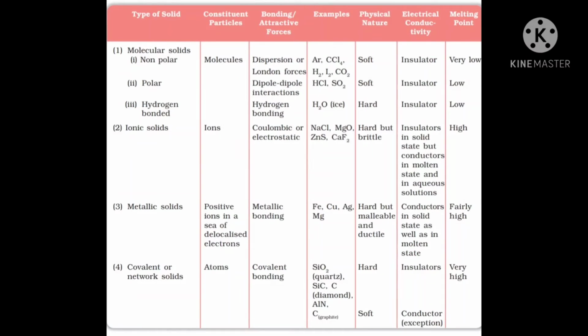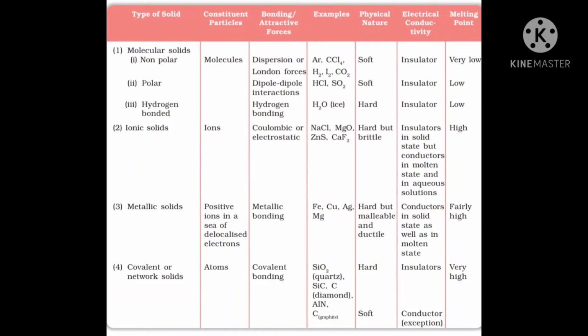This table includes different properties of crystalline solids and their examples. First is molecular solids. Molecular solids are classified as non-polar, polar, and hydrogen bonded. In the case of non-polar solids, the molecule is the constituent particle and the attractive force is dispersion or London force.